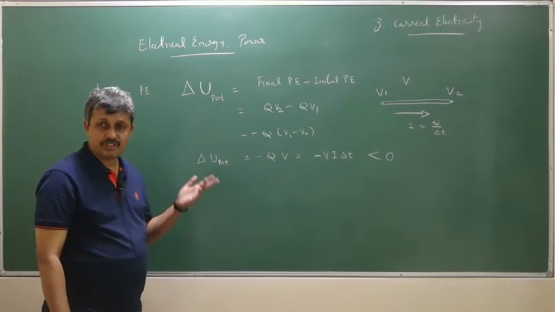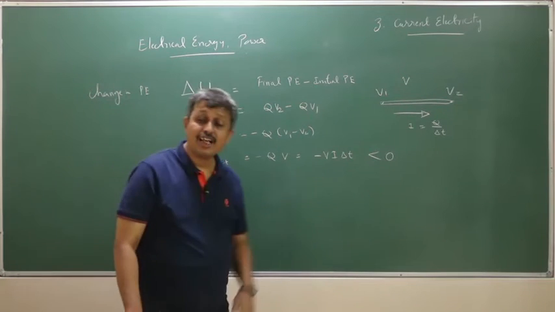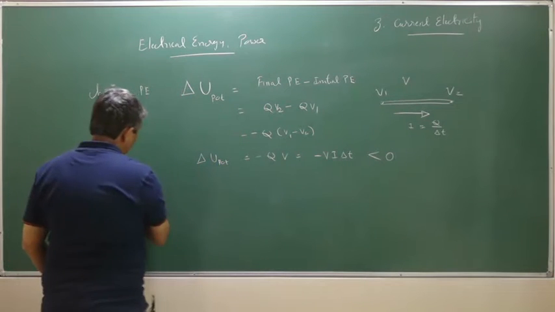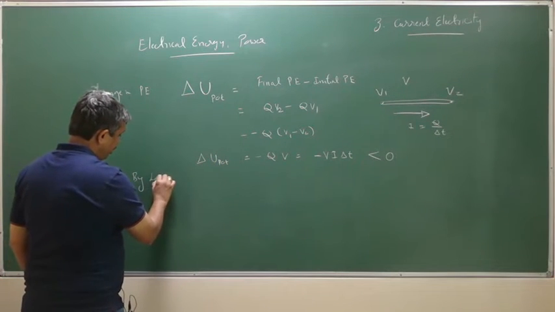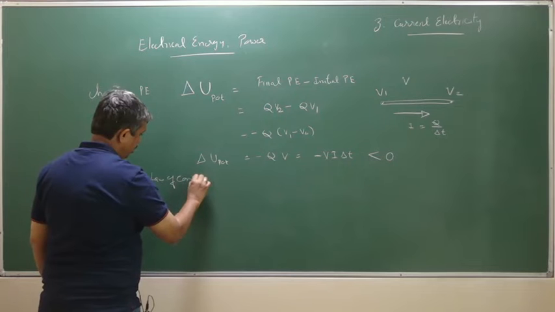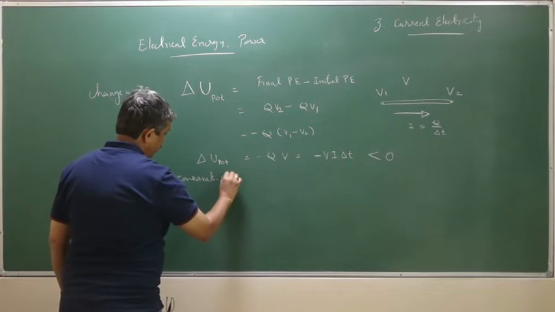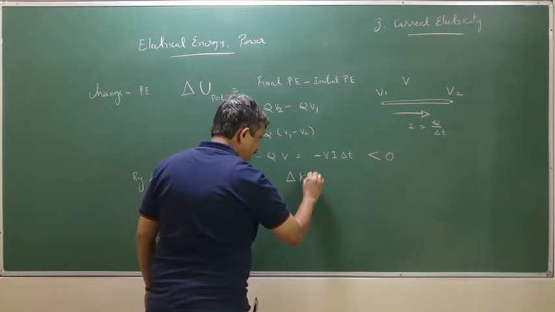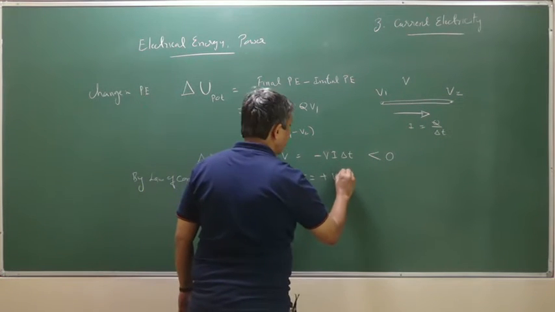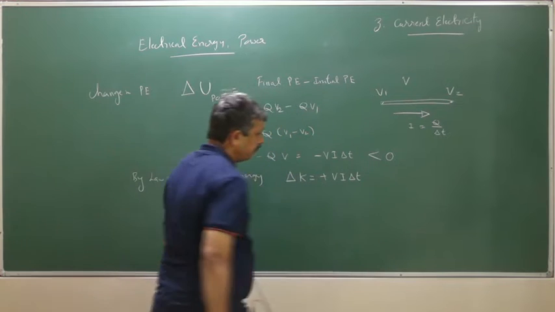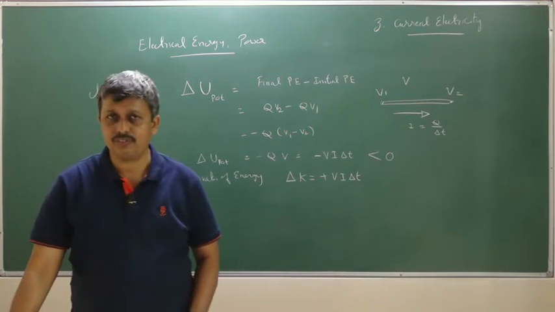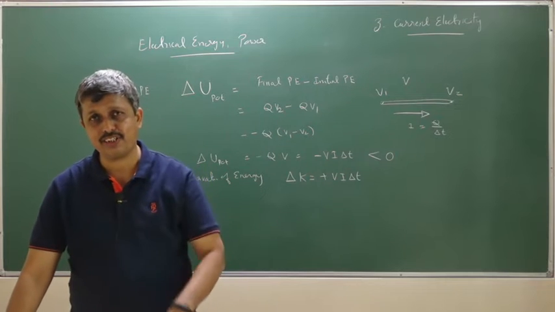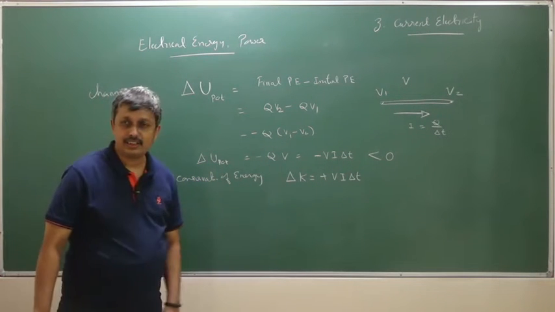By the law of conservation of energy, delta K must be equal to plus V I delta T. Then if you add those two things, it will be 0. This is delta K, the change in kinetic energy.